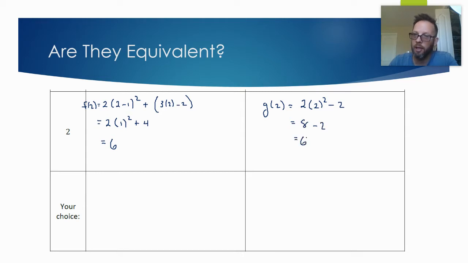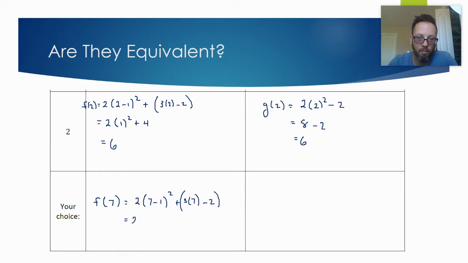So it's certainly looking like these two functions might be equivalent because they each share the point (0, 0) and (2, 6). Now, pick any number you want and see if it works out the same way. I'll pick 7. 7 is kind of a different number. So for f, it's 2 times (7 minus 1) squared plus 3 times 7 minus 2.